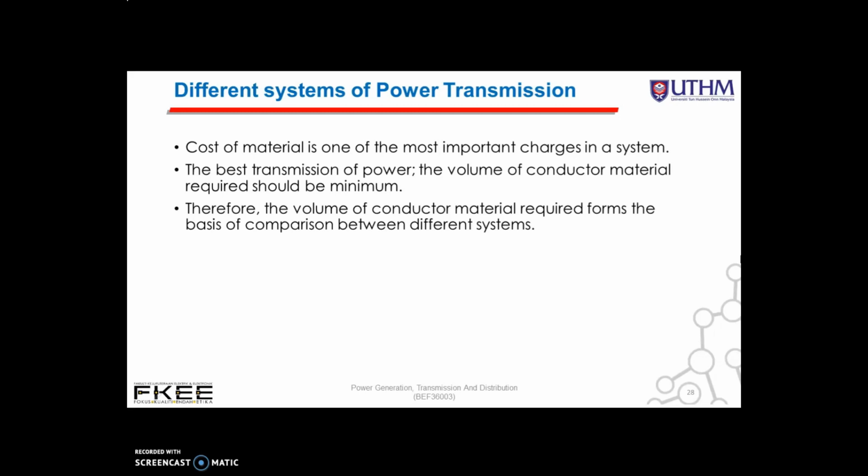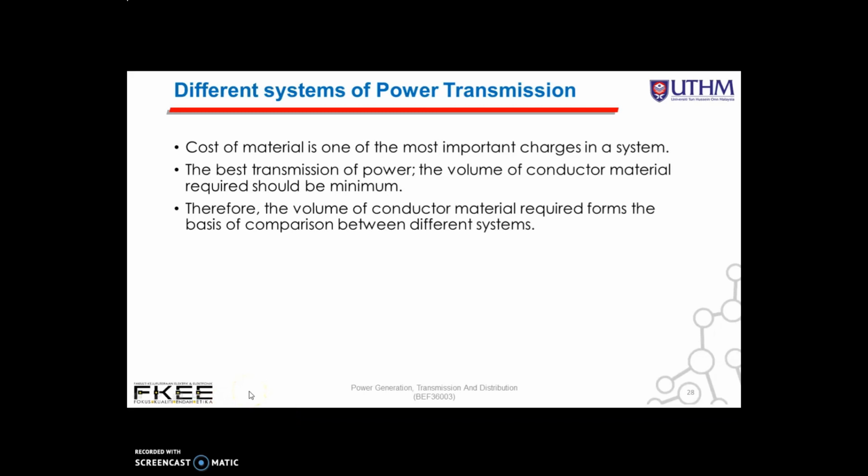From the previous possible systems of power transmission, it is difficult to say which is the best system unless some method of comparison is adopted. Now, the cost of the conductor material is one of the most important charges in the system. Obviously, the best system for transmission of power is that for which the volume of conductor material required is minimum. Therefore, the volume of conductor material required forms the basis of comparison between different systems.